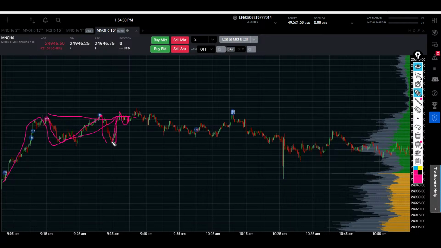When you have an impulse out of this bigger correction and small correction, this is where I'm entering. But this would be a loss. I would lose on this, that would be one loss trade which you will have.